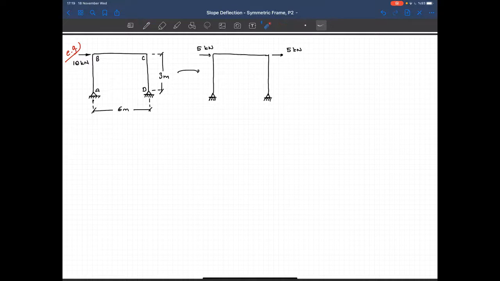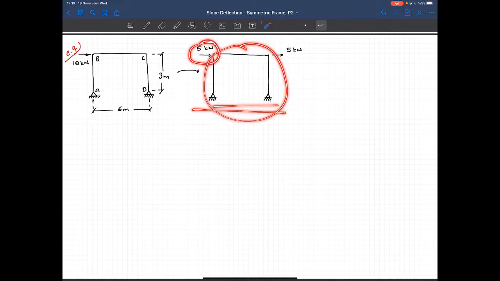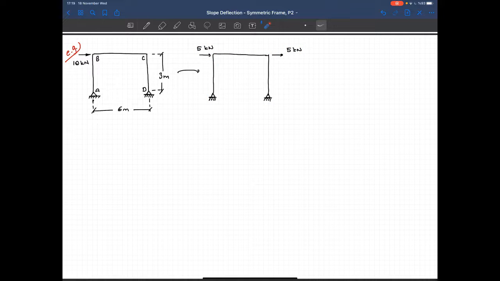Now when I look at this structure, I see a symmetrical frame with a symmetrical loading. Let's take a deformed shape. How does it deform? I have two identical columns. I expect a deformed shape like that, using the red color, exactly the same deformed shape at both columns. We have rigid joints, and the deformed shape of the beam should be like that.